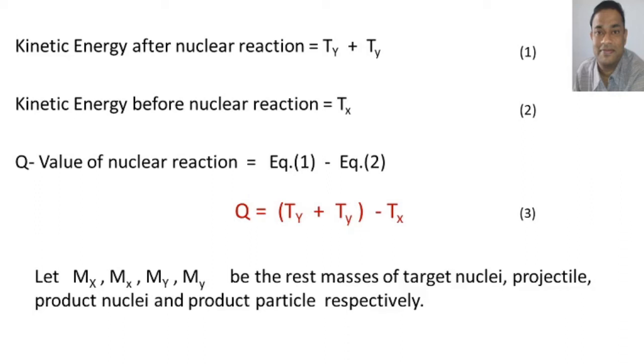Now, if capital M denotes the rest masses of the particle, then M capital X, M small x, M capital Y, M small y, this will give the rest masses of the target nuclei, the projectile, the product nuclei and the product particle respectively.